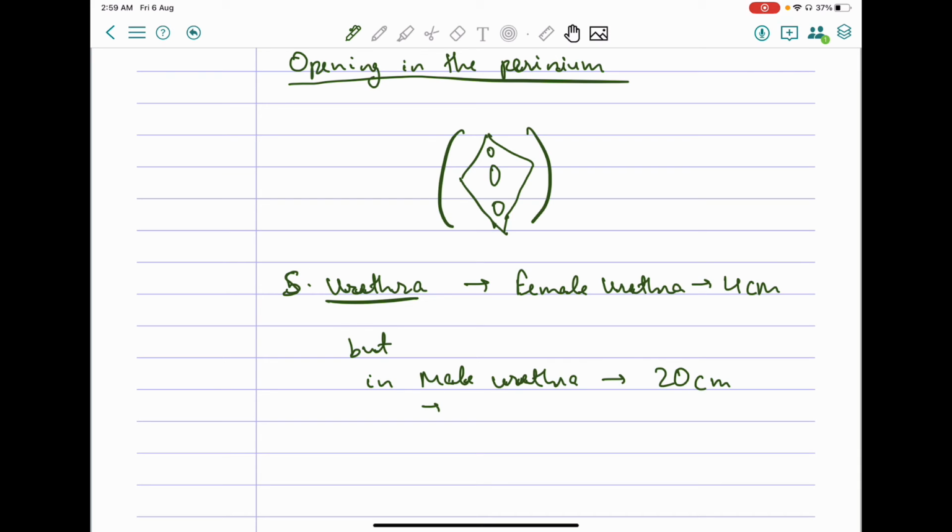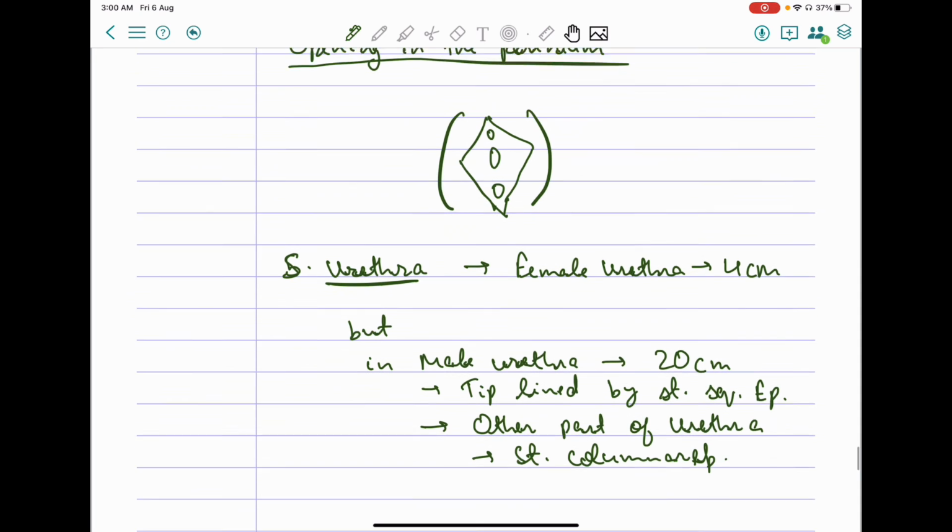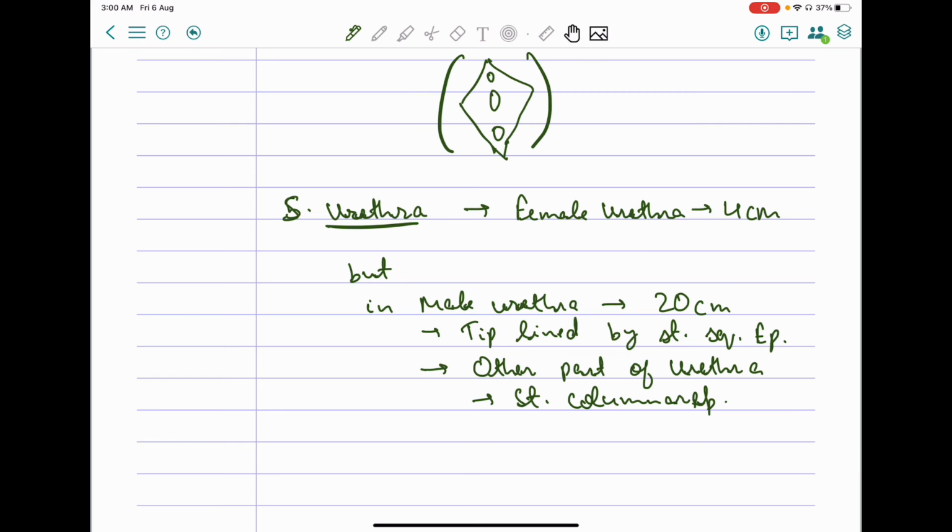So in this, only the tip is lined by stratified squamous epithelium. The other part of the urethra is lined by stratified columnar epithelium. So remember this. Understand?